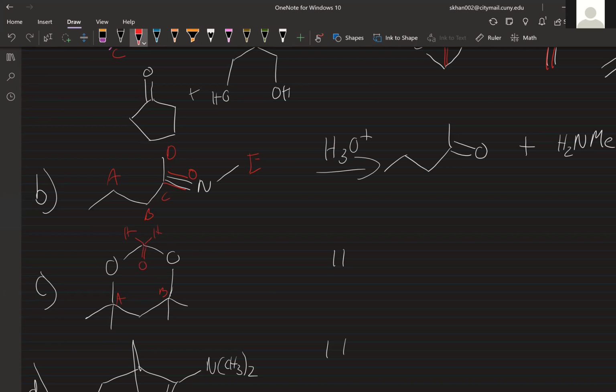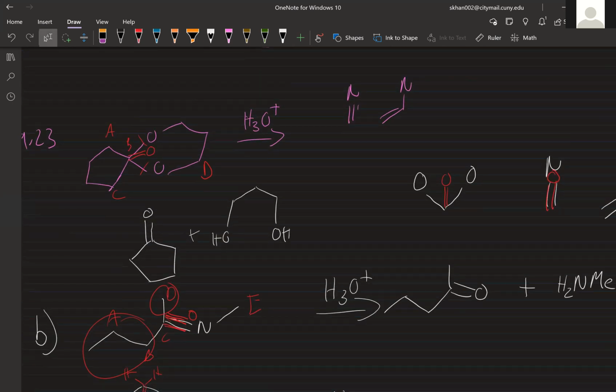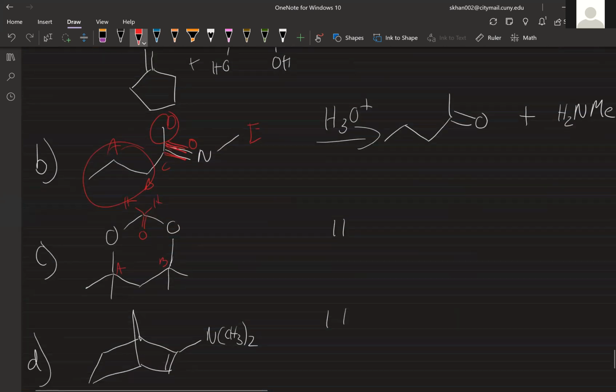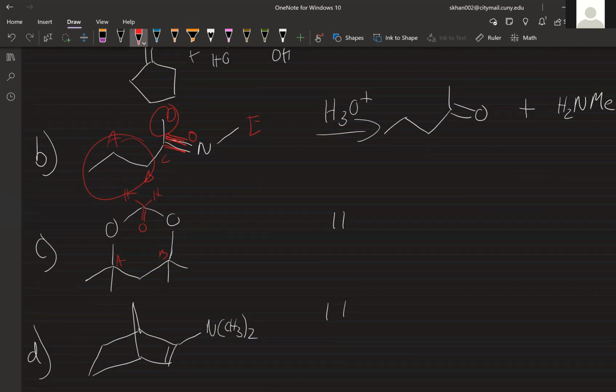So let's be careful in terms of what the R groups are. Here, both the R groups are H's. In the first one, the R group was this entire cyclopentyl ring. Here, the R groups are H's, so this actually came out of formaldehyde, and then your other part is your cyclic acetal.